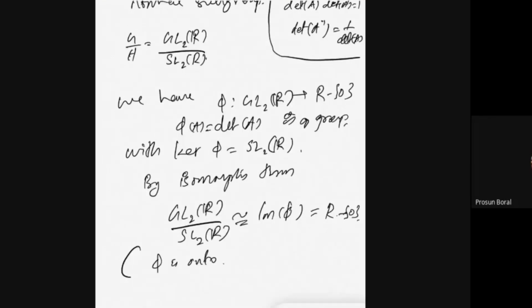Let A belong to R minus 0, then consider the matrix with rows A 0 and 0 1.